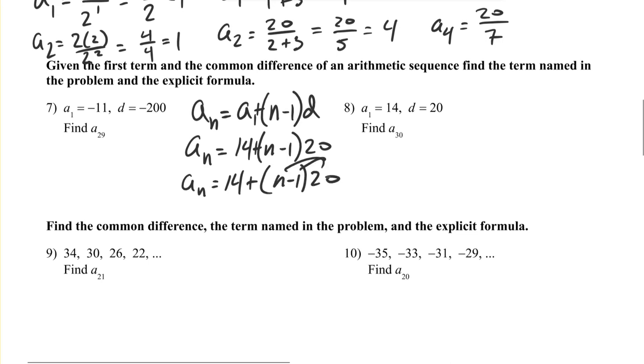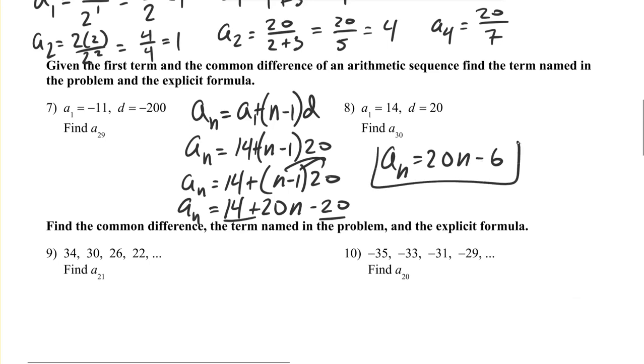Got to distribute our 20. A sub n equals 14 plus 20n minus 20. So a sub n equals 20n, and 14 minus 20 makes negative 6.